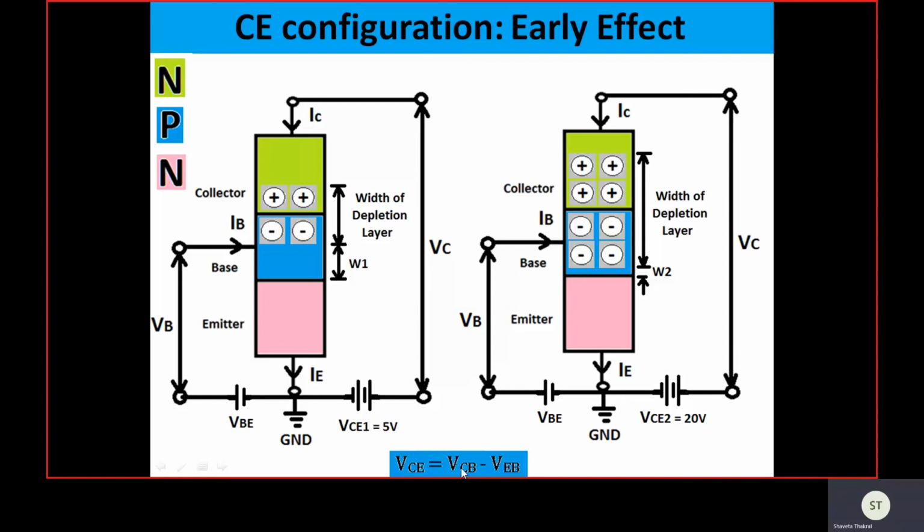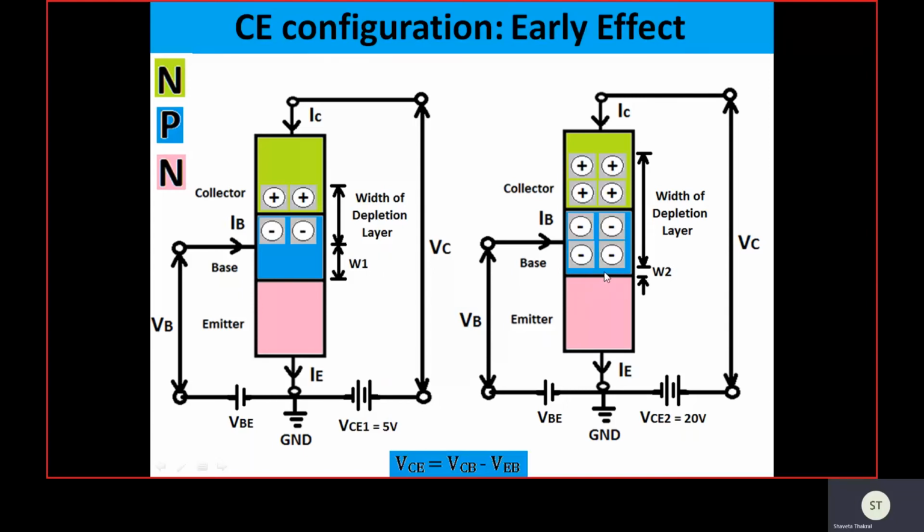So the voltage between collector and base also increases when VCE increases. When VCB increases, obviously the reverse bias across the CB junction also increases. That means more depletion layer is occupied in the base, so the effective base width is going to decrease from W1 to W2.